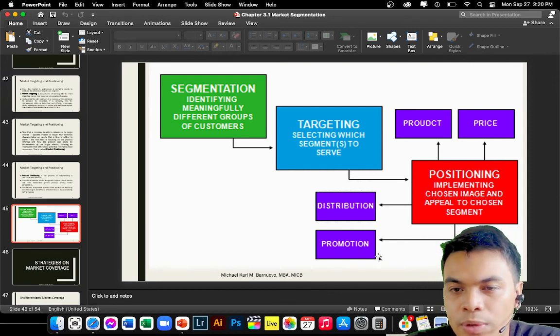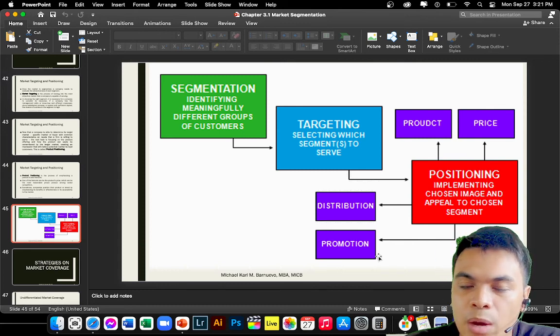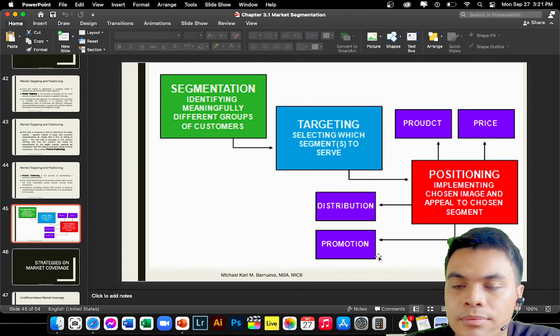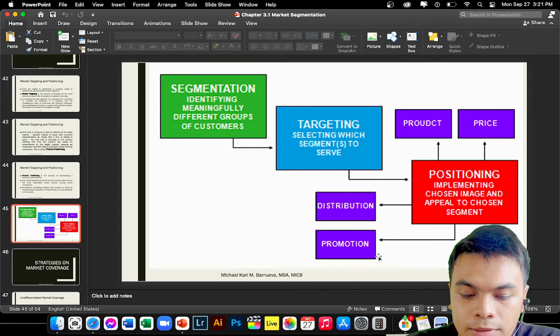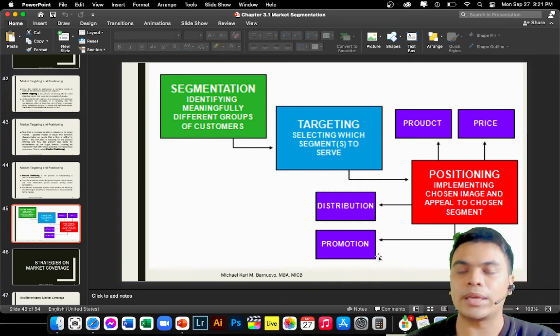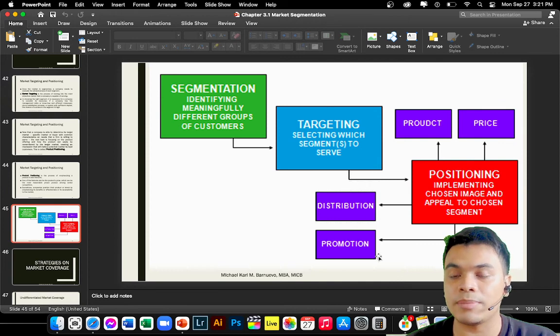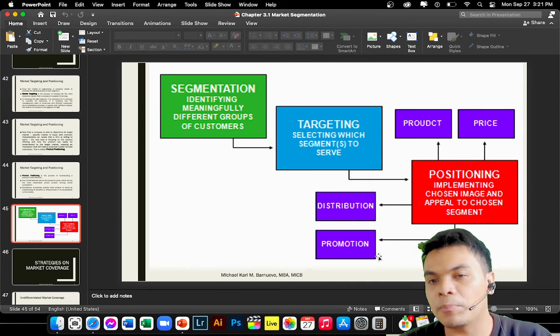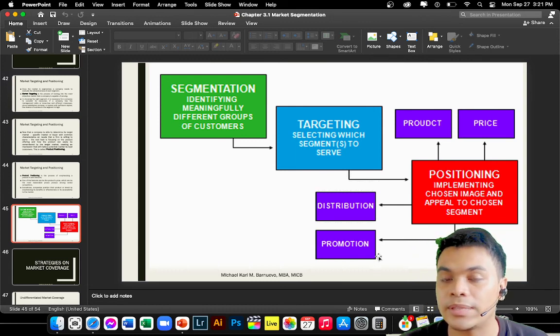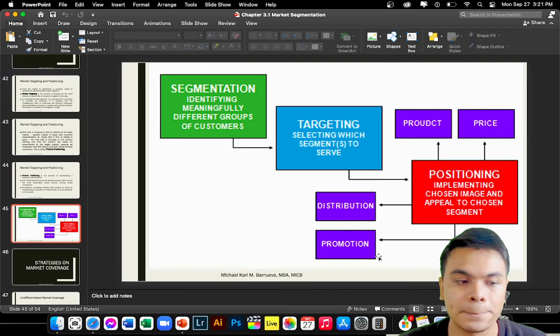Branding also comes in here. That's why as a business, we have to build our brand equity, because people sometimes look at the brand and the image of the company before buying the product. One example of a company that has already built good brand equity is Jollibee Food Corporation, or Jollibee. So whatever product they release, we have the perception that it is delicious and a good product.